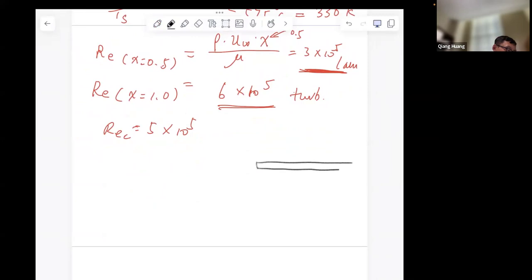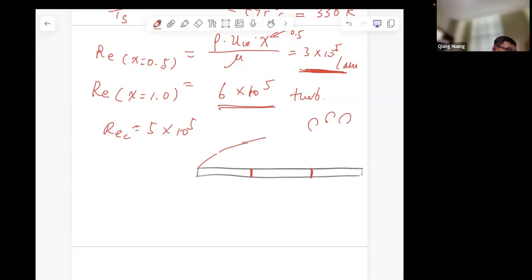So if you want to visualize that section, let me do a better drawing. Okay, so if I have a plate like that, and then the first section and then the second section, the flow would be coming from the left side. It will be laminar, and we know at this point it is still laminar, and at this point it's already turbulent, right?